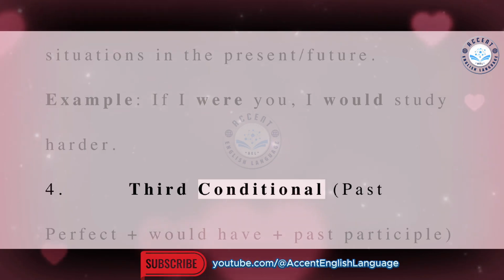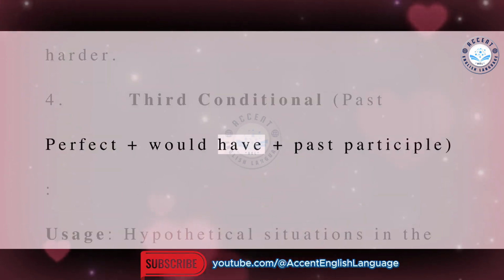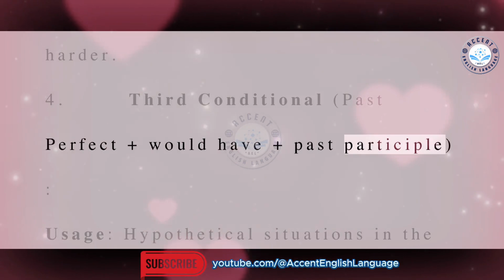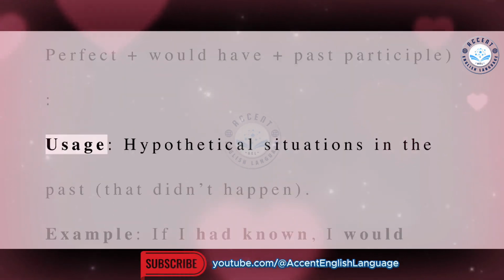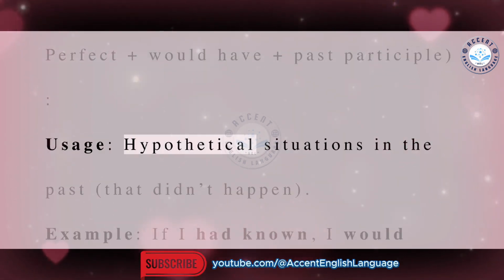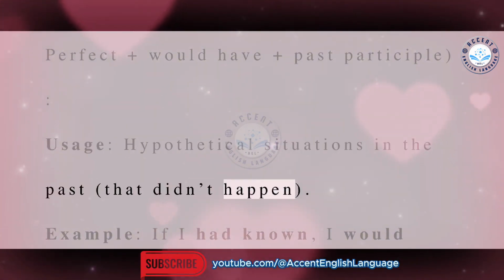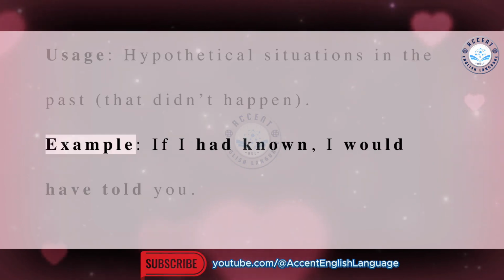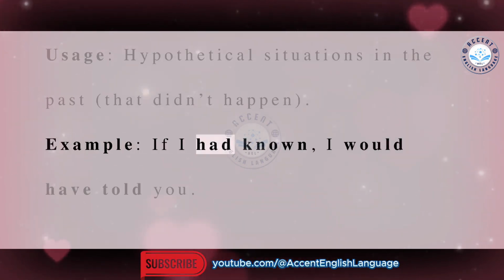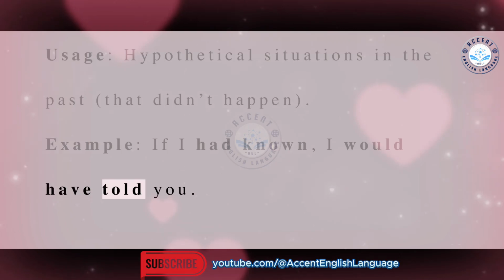Third conditional: past perfect plus would have plus past participle. Usage: hypothetical situations in the past that didn't happen. Example: If I had known, I would have told you.